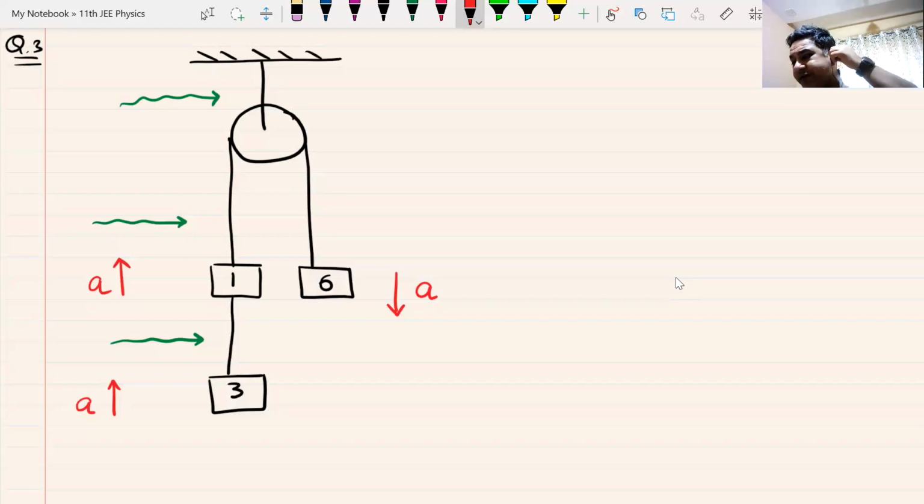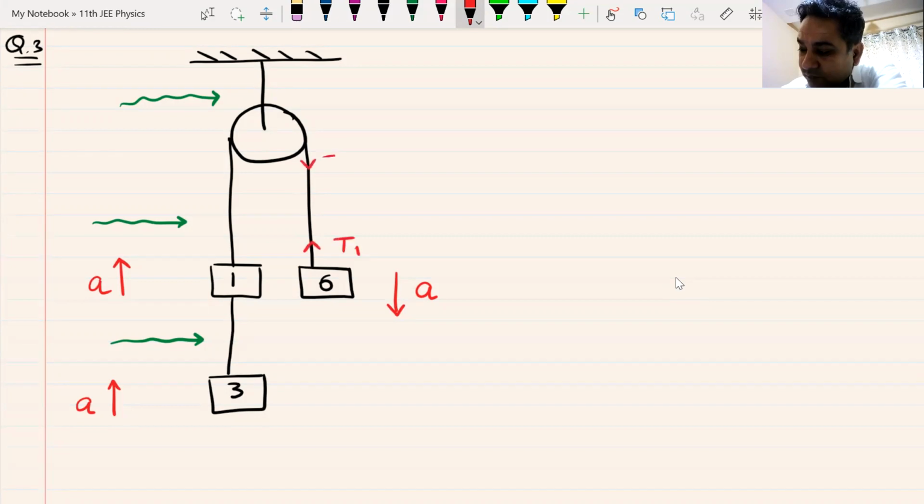How do you go about it? Draw a sketch. Sketch is there. Isolate all bodies. If I need to isolate a body, I'll isolate it. Draw the free body diagram. Let me call the tension here as T1.